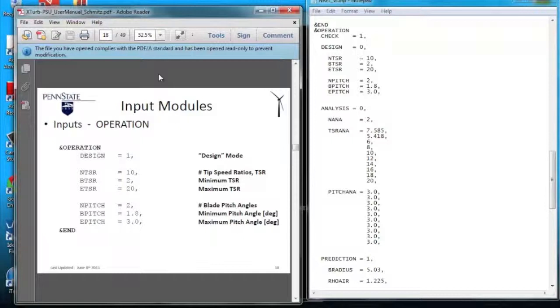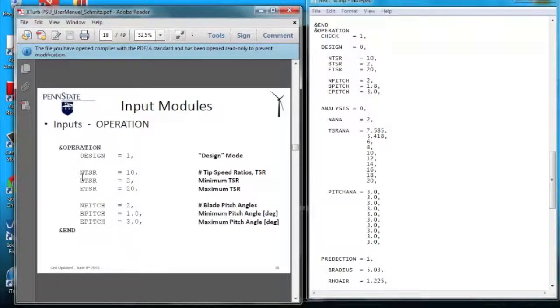So if you have a blade design lying in front of you and you don't really know what tip speed ratio, RPM, wind speed it was designed for, the design mode allows you to sweep over a range of tip speed ratios and blade pitch settings.